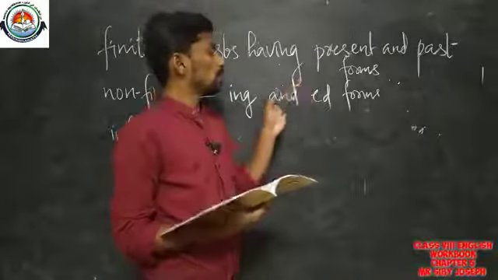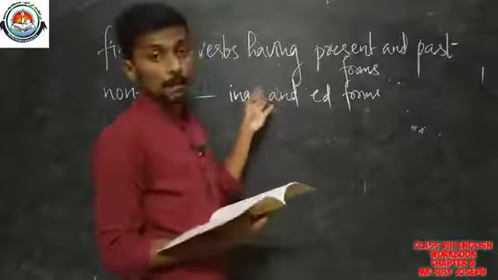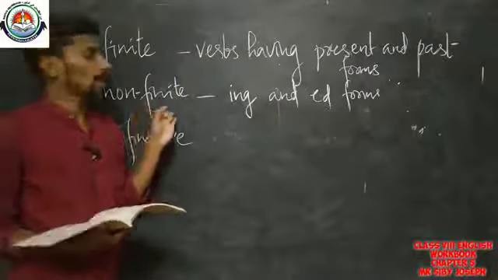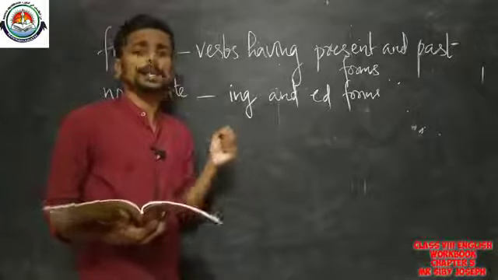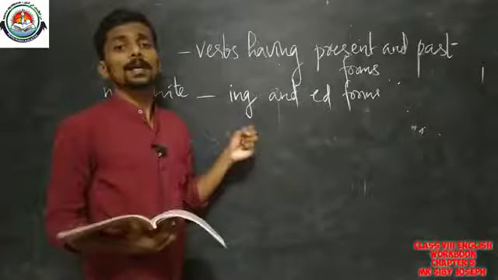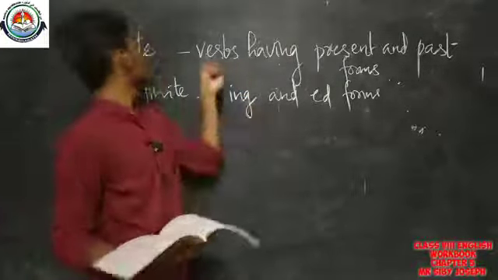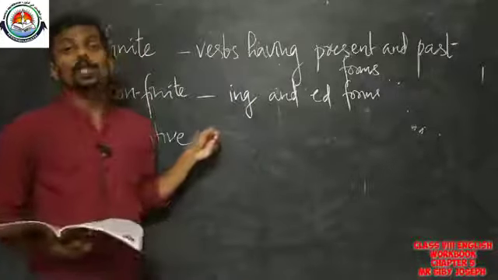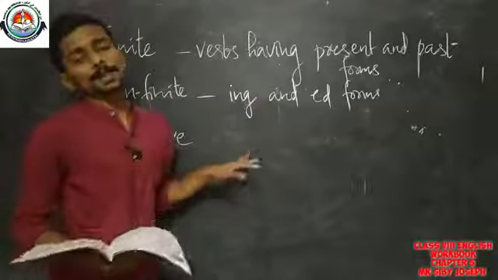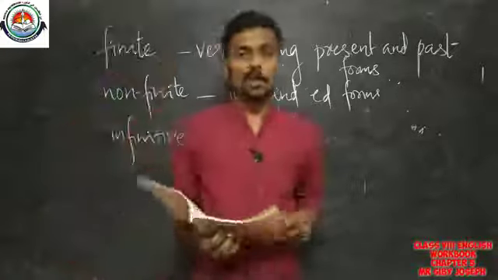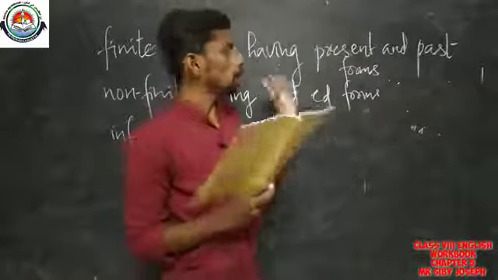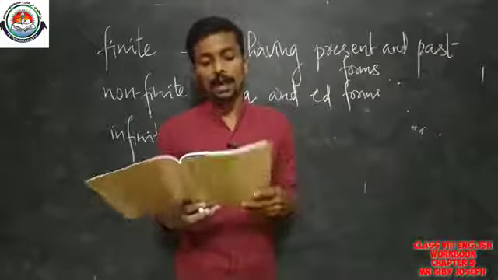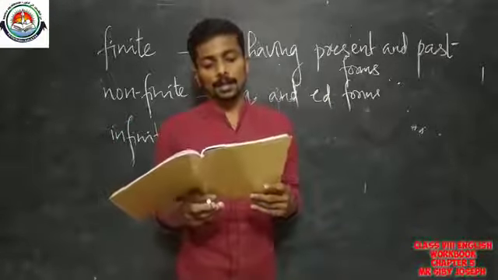In a broader sense we can say that verbs with tense are known as finite verbs, and verbs without tense are known as non-finite forms. These you have to know as the primary things before getting started with this chapter.